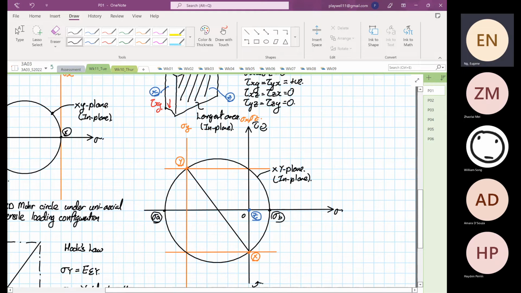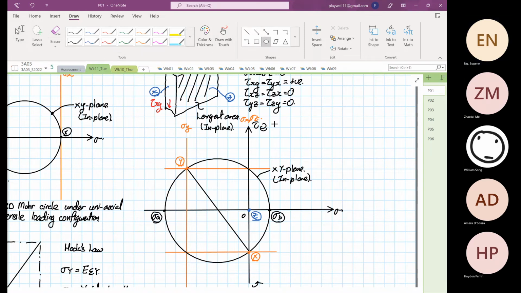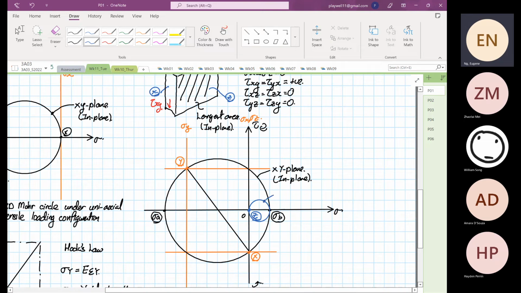B. Okay, so I'm going to draw the other two circles, because this is 3D Mohr circle. I've done this quite a bit in the previous lecture, right? So the next circle over here is this one. This belongs to our XZ plane, which is the out of plane.